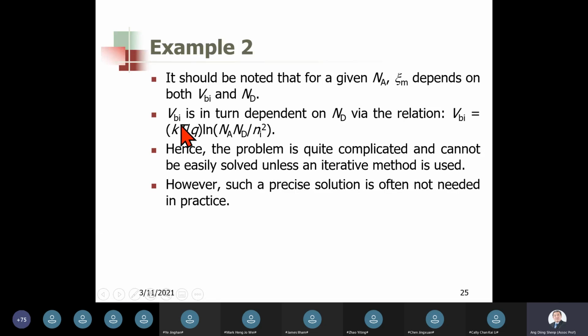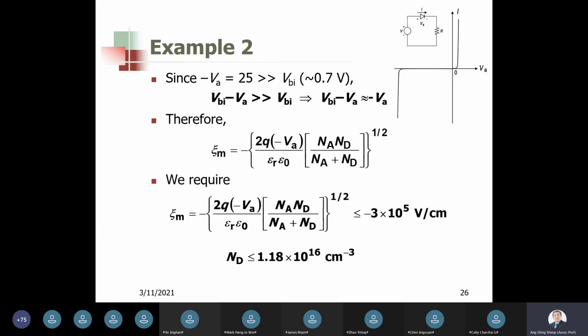Due to the large difference between these two quantities, in other words, VA is much bigger than VBI, since 25 volts is much bigger than 0.7 volts, one way to proceed is to neglect the VBI term here, and therefore the maximum electric field expression can be simplified into this form.